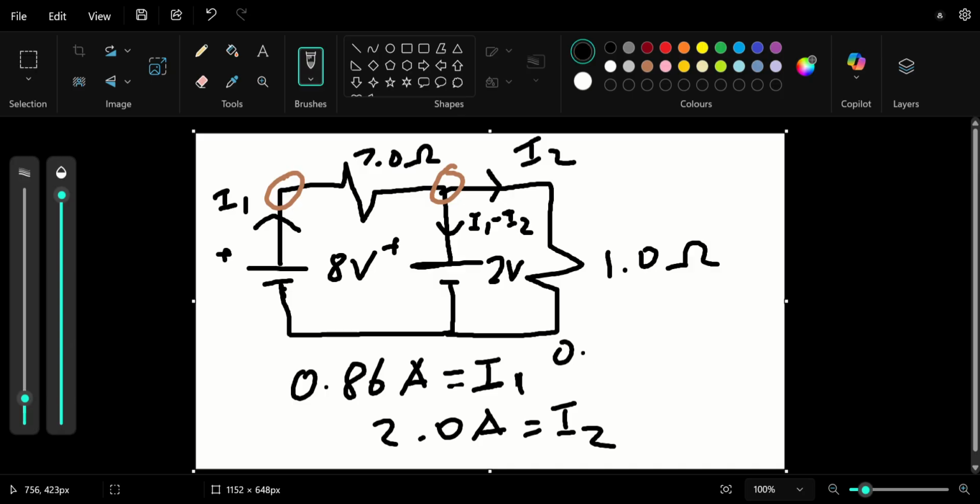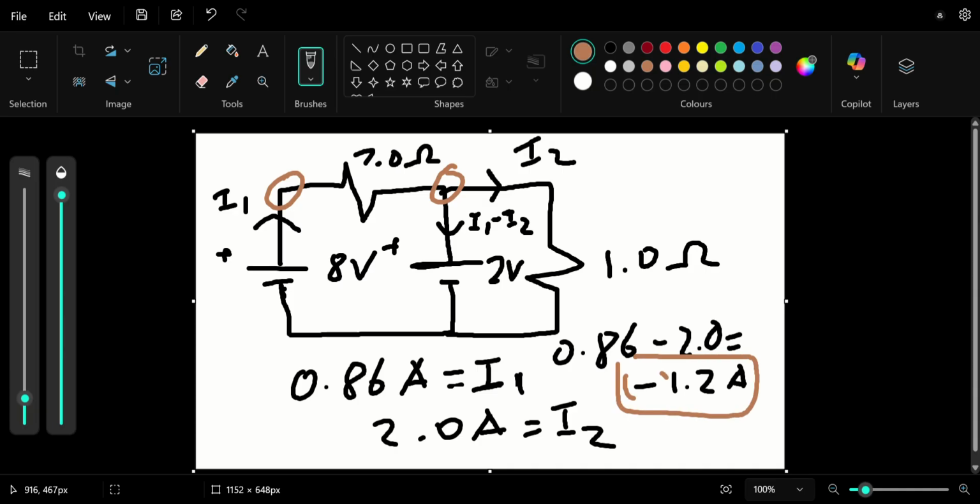So 0.86 minus 2.0 is simply equivalent to negative 1.2 amps. And that's our final answer.